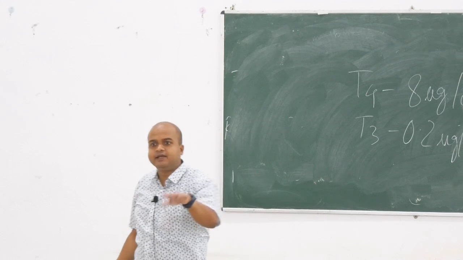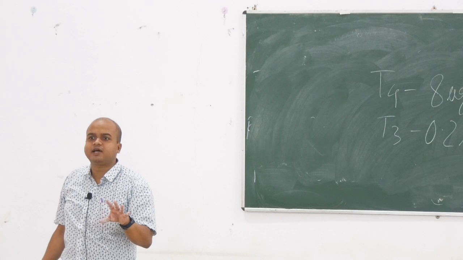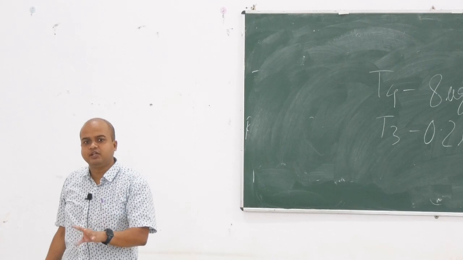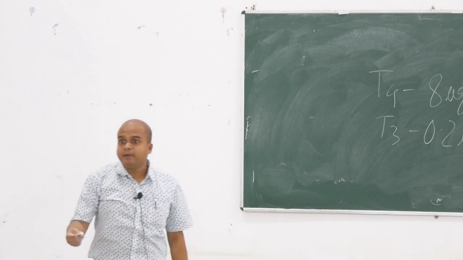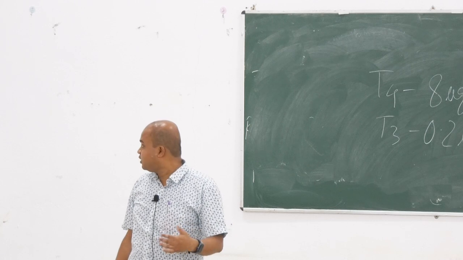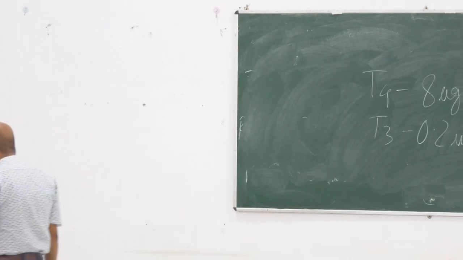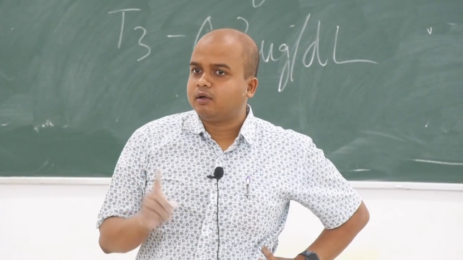It is the free hormone which is more biologically active, which is causing the physiological action. So when you learn medicine, you will learn it is the free hormone, the free T3, free T4 level.